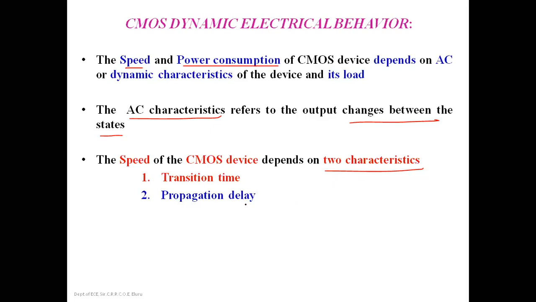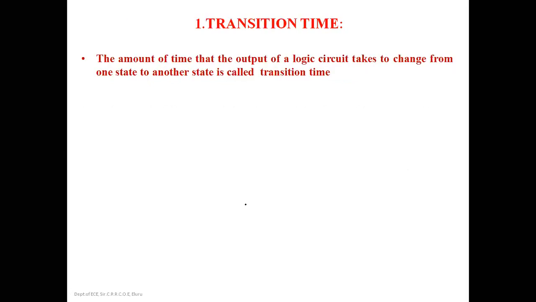Now we will discuss the transition time and propagation delay. The first one is the transition time. What is transition time? The amount of time that the output of a logic circuit takes to change from one state to another state is called the transition time.